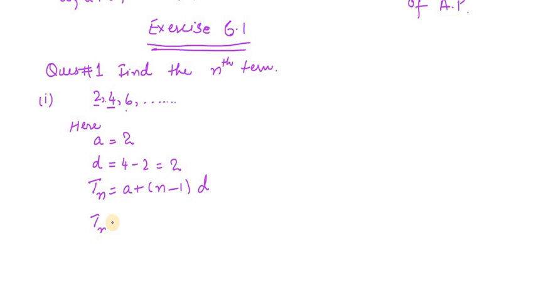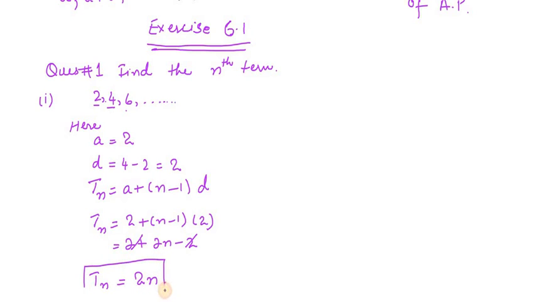So Tn is equal to a, which is 2, plus n minus 1, and the common difference is also 2. So 2 plus 2n minus 2; minus 2 plus 2 cancel, and the nth term is 2n. This is the nth term of the even number sequence.